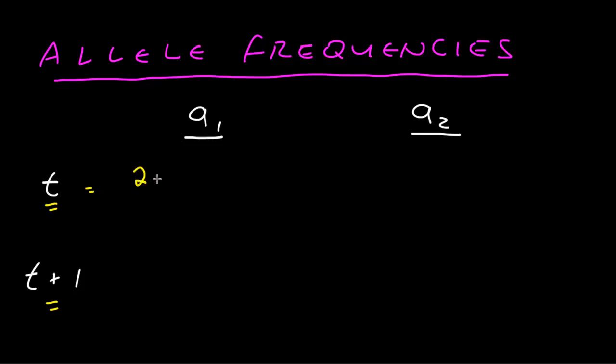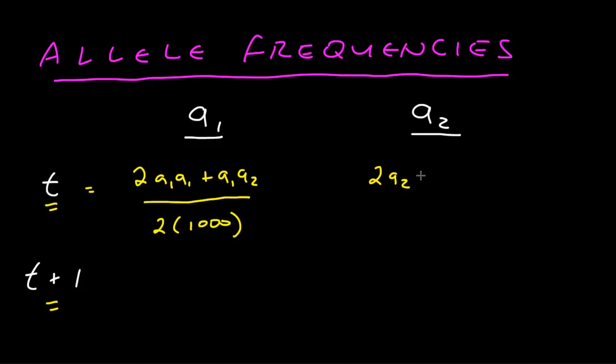For A1, it would be 2 times the number of A1A1 homozygotes plus the number of heterozygotes, divided by 2 times the number in our population, which is 1,000. For A2, we would have a similar equation: 2 times the A2A2 homozygotes plus the heterozygotes, all divided by 2 times 1,000, the number of individuals in our population.